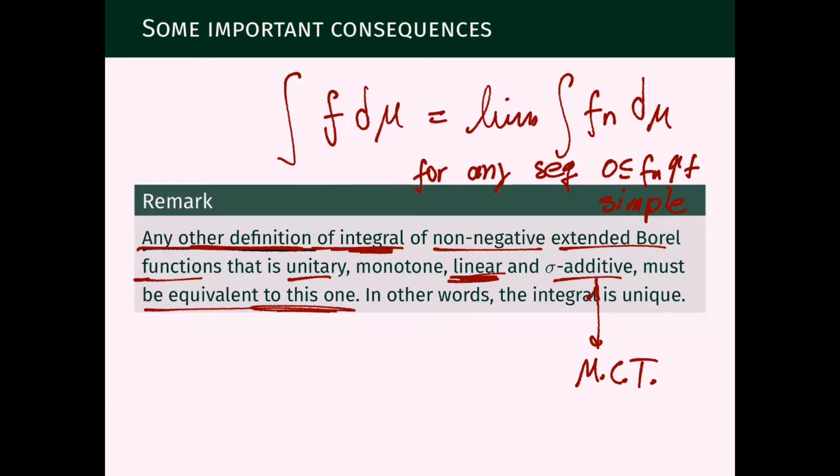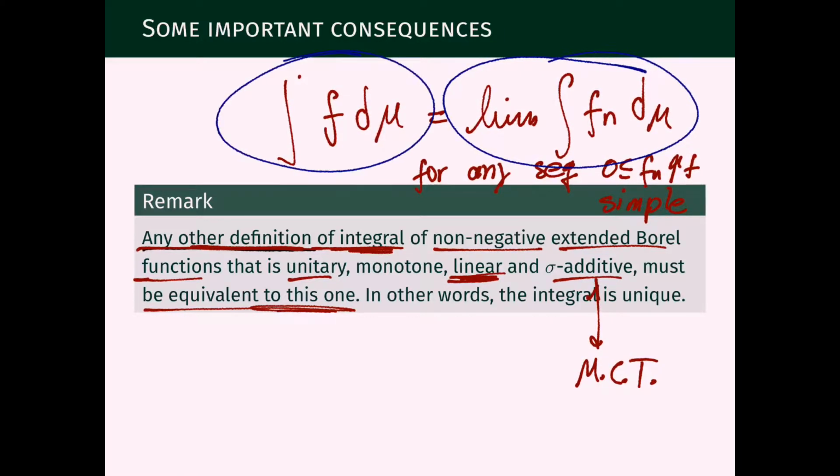And we already saw that for the integral of a simple function, we don't have any choice on how to define it. And now we don't have any choice on how to define the integral of f either, because what I just wrote will either be the definition of the integral, as in some books, or it will be a theorem.